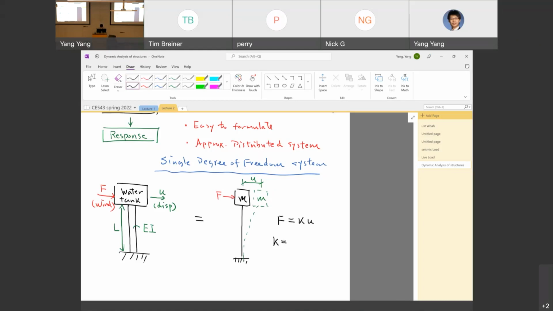That's equal to 3 times EI per L cubed. This is structural analysis. If you put a unit force here, you should be able to calculate the displacement, and from that you can get the stiffness.